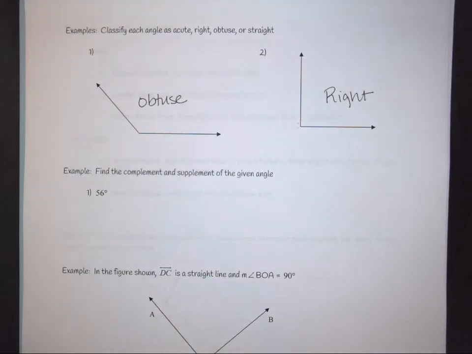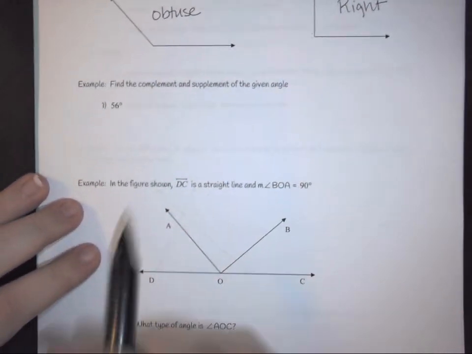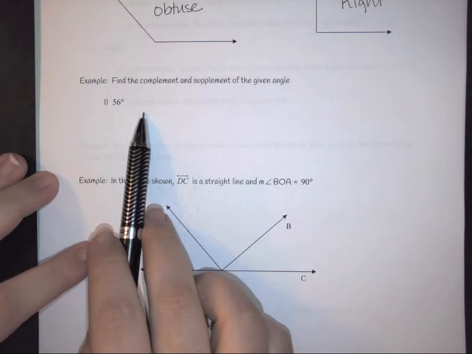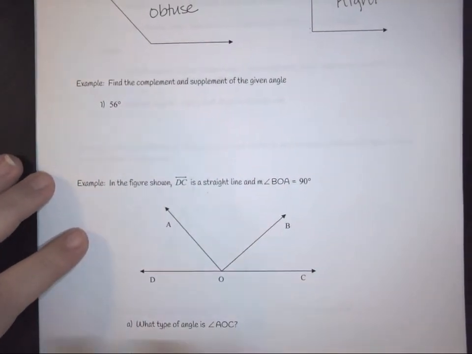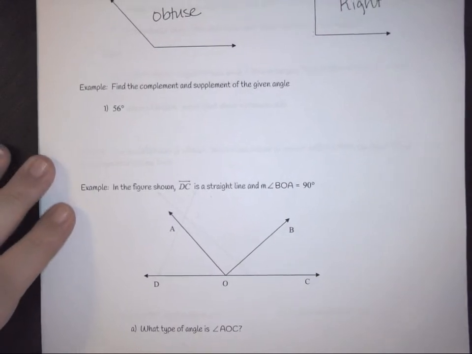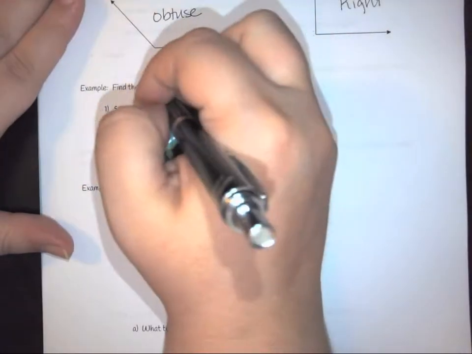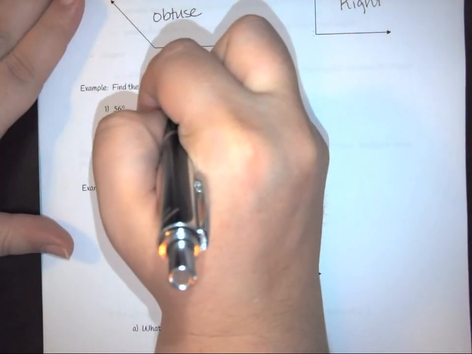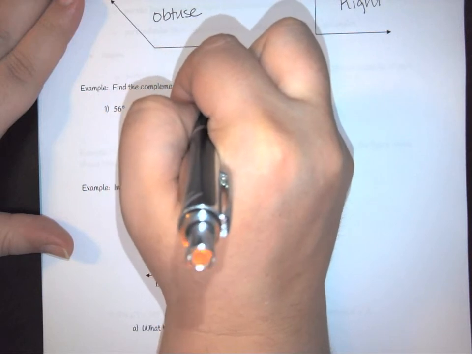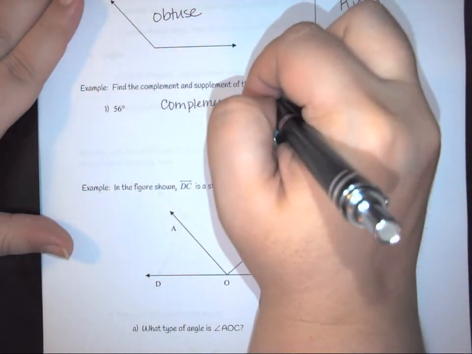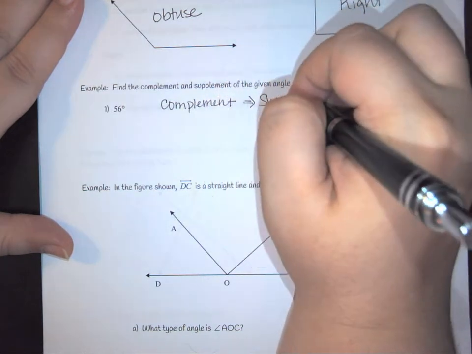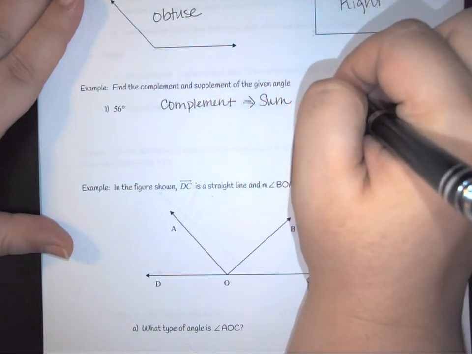Now, another problem that you may see says that you need to find both the complement and the supplement of the given angle. So what this means is, do you remember your definitions? So again, when we're talking about complement, we are talking about that you are going to sum to 90 degrees.